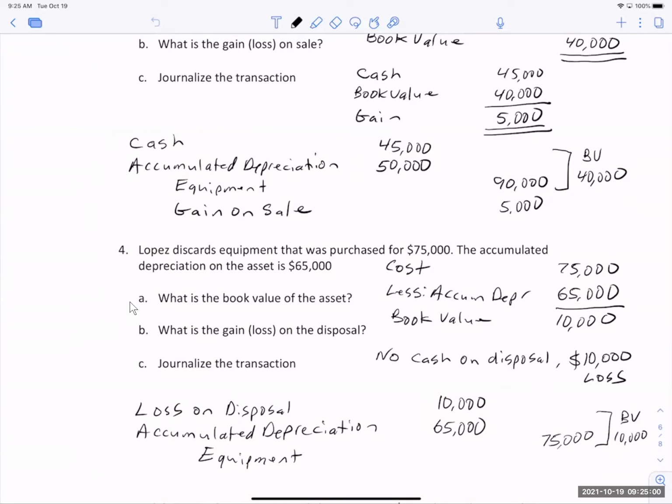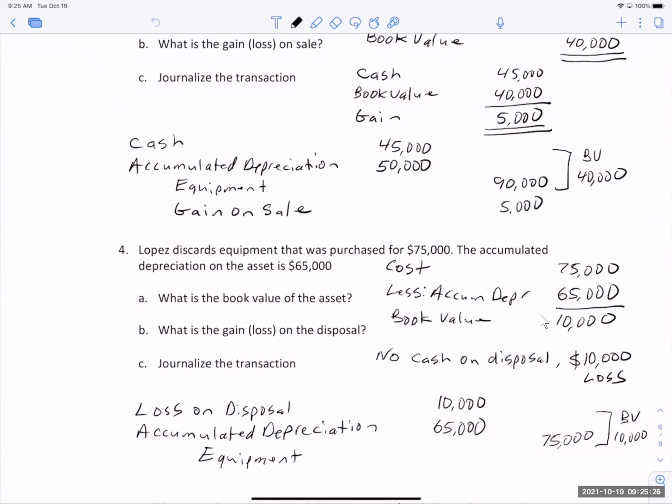So I ask you, what is the book value of the asset? Well, we know that book value is cost minus accumulated depreciation. The cost is $75,000. The accumulated depreciation is $65,000. So on our balance sheet, we're going to carry this asset with a book value of $10,000.